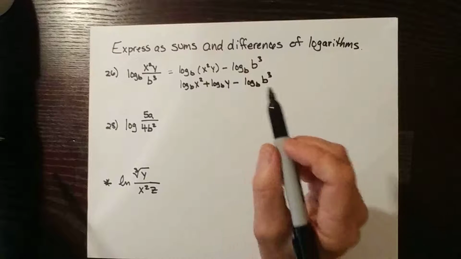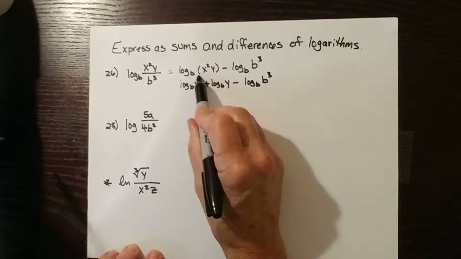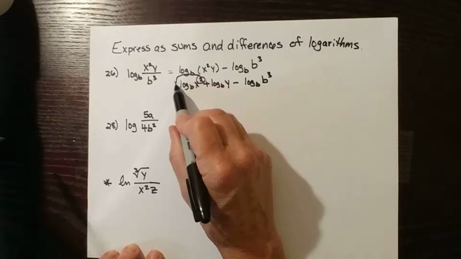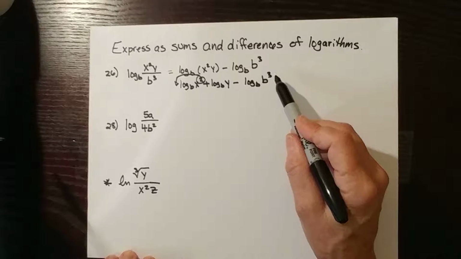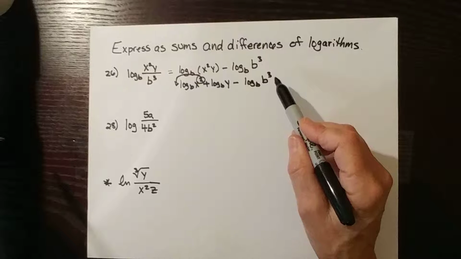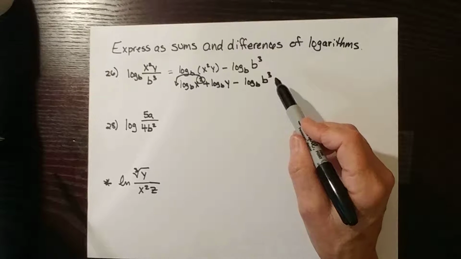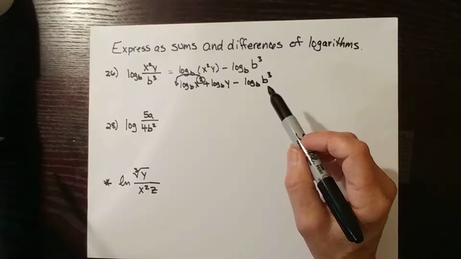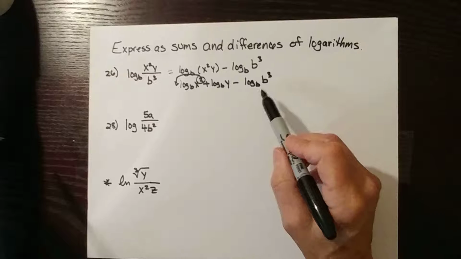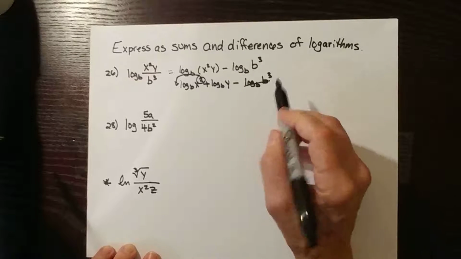Then I'm going to see what else I can do to simplify this. I can use the power rule to take this exponent 2 and move it to the front. I'm going to do that. I could do the same thing with this 3, but I could also use the inverse property, which we talked about in class, and on your sheet it says log base a of a to the x is equal to x. So that means that log base b of b to the 3 is just equal to 3.